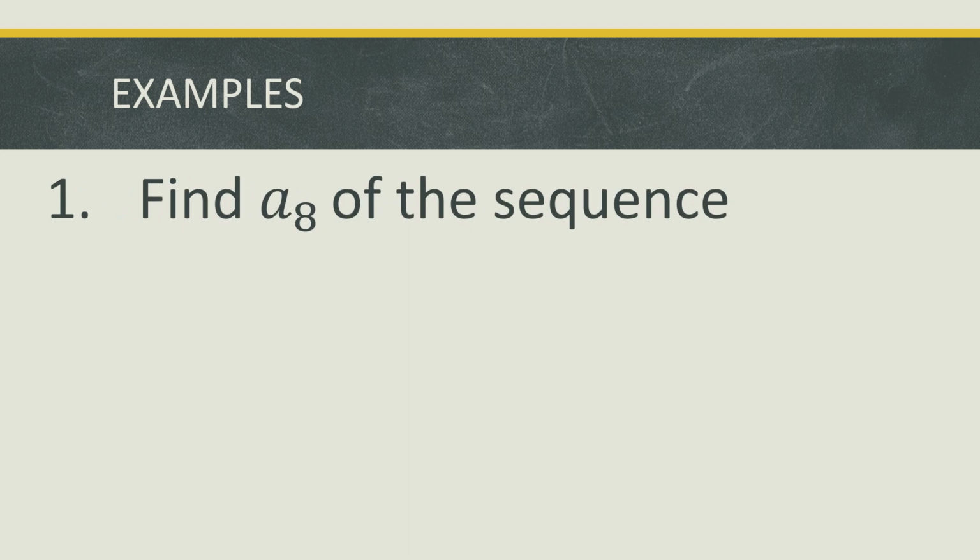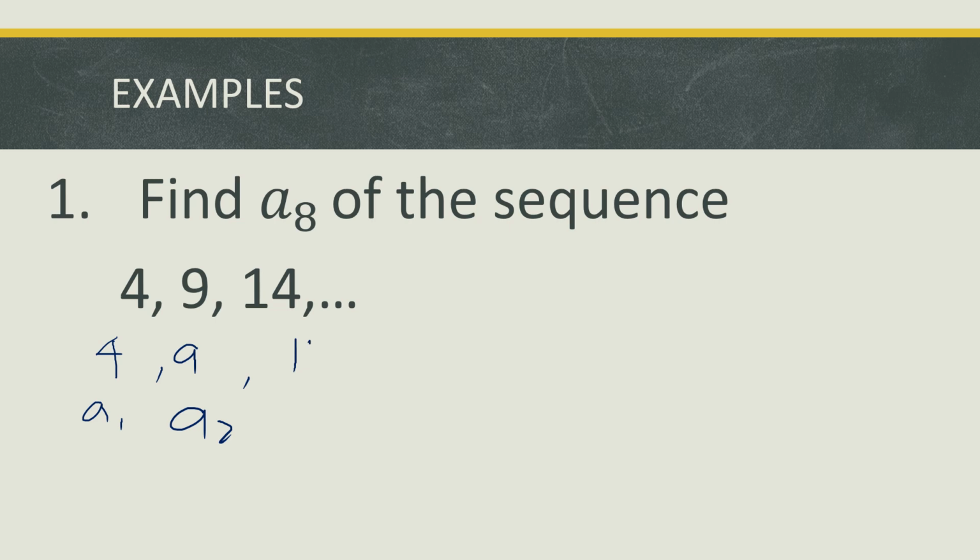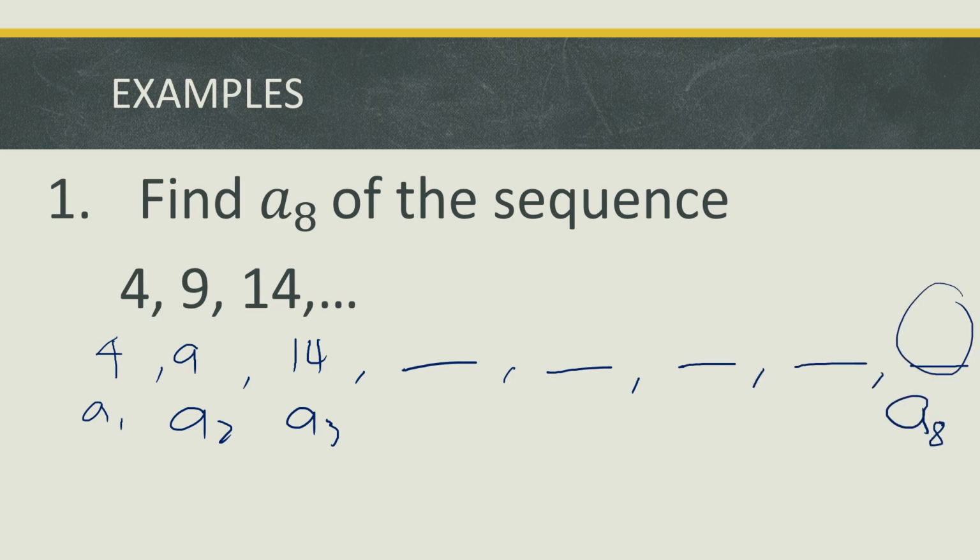Example, let us find the a sub 8 of the sequence 4, 9, 14, and so on. As we notice, 4 is our a sub 1, 9 is our a sub 2, 14 is our a sub 3. Then we have to know a sub 4, a sub 5, a sub 6, a sub 7 for us to get the a sub 8.